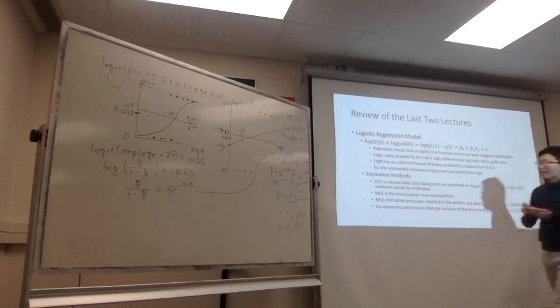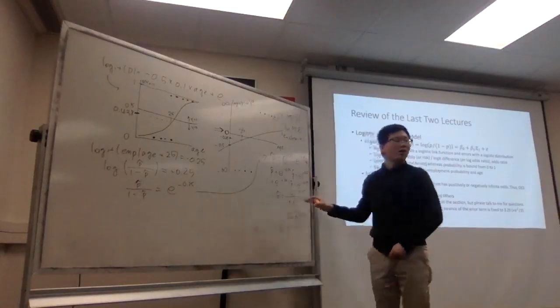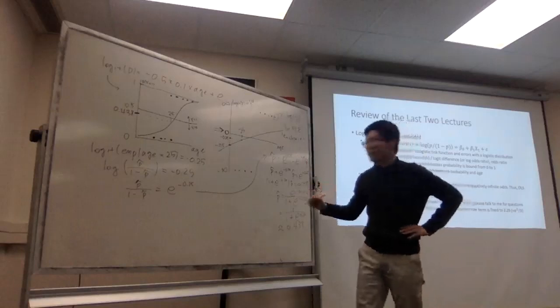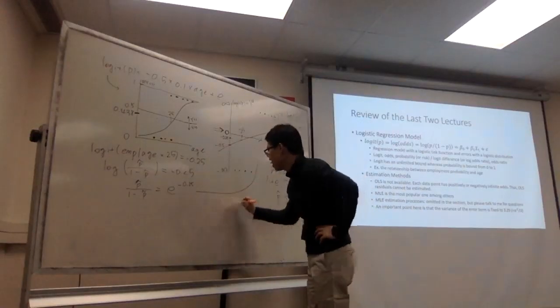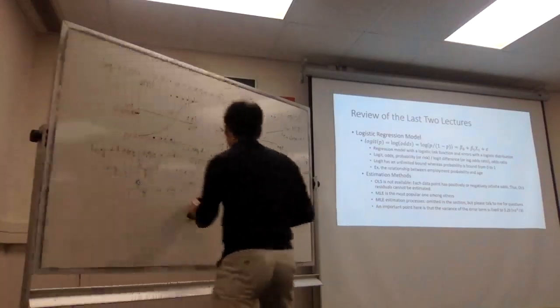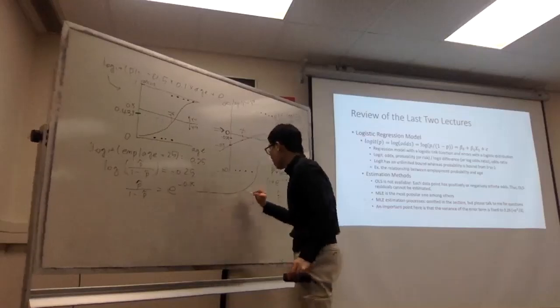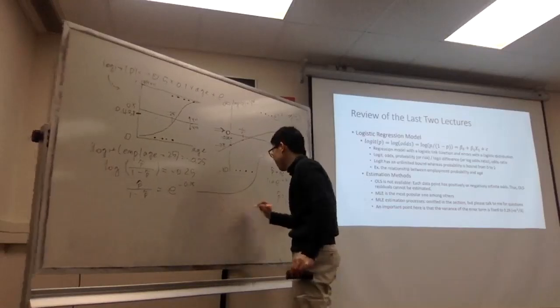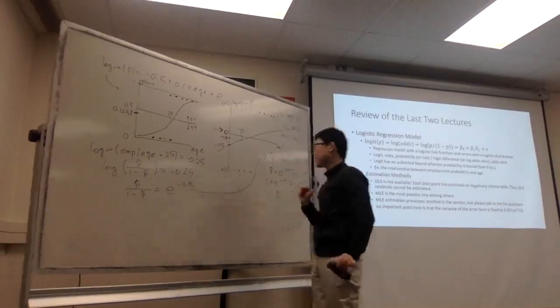So it is a pretty complicated process, right? Or you can use the shortcut, which is the formula. Oh, sorry. p hat is 1 divided by 1 plus e to the minus XB.